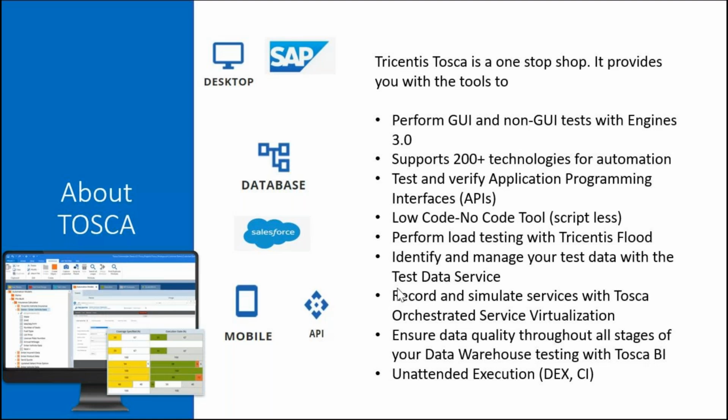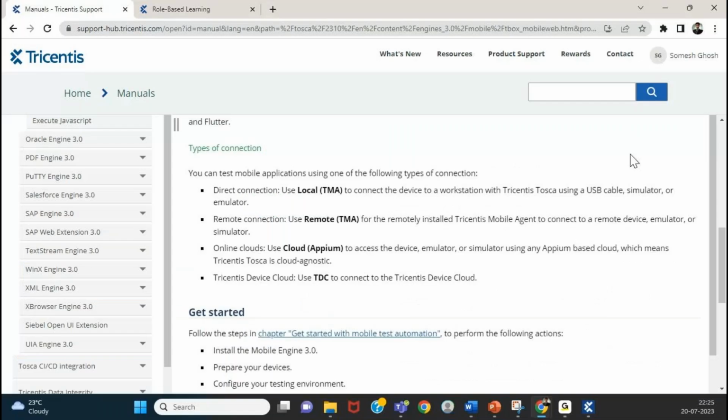Can you please let me know which companies are currently using Tosca? I'm not sure about which companies are using it, but most of the service-based companies in India have many big brands which are partners of Tricentis. You can go on the Tricentis website as well and see who their partners are.